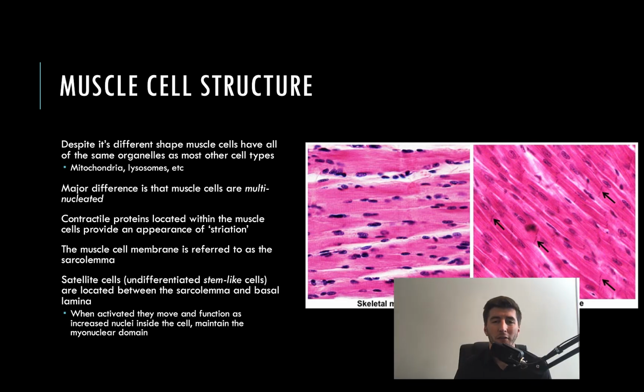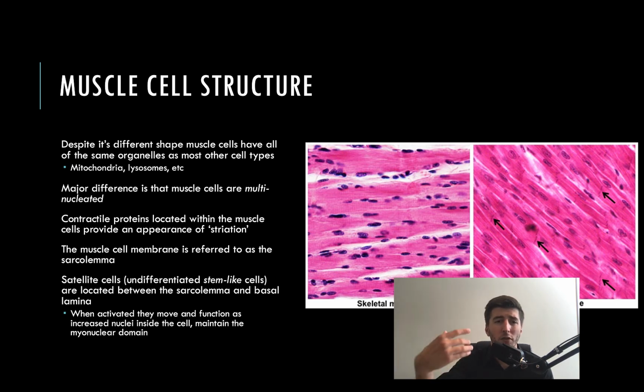But what these satellite cells do is they sit right underneath the basal lamina and right between the basal lamina and the sarcolemma, or the muscle membrane, if you will. And when those satellite cells get activated, whenever our body calls on those satellite cells, they actually move into the muscle cell to create more nuclei.